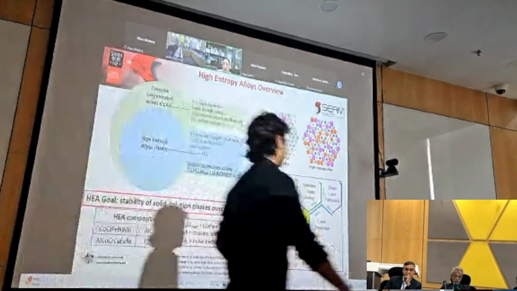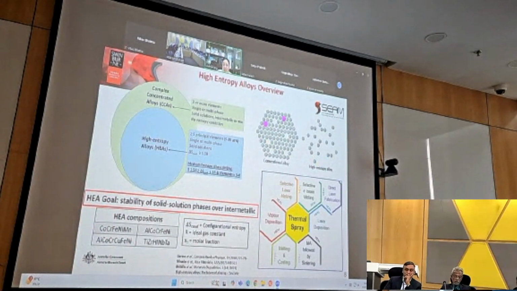High entropy alloys get their name from the word entropy, the configurational entropy.